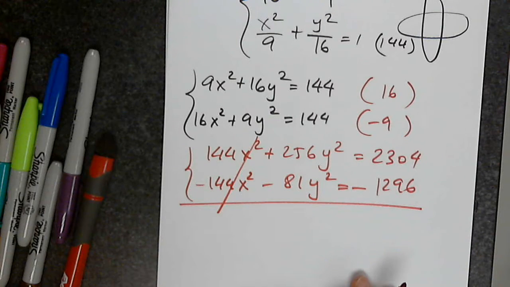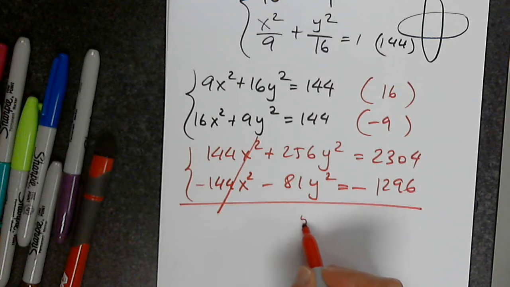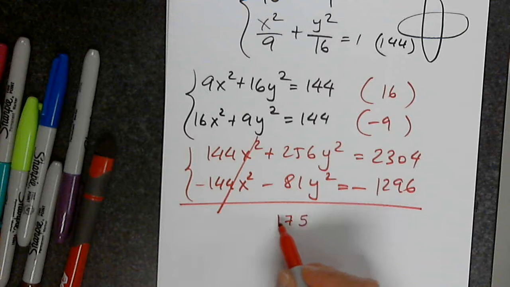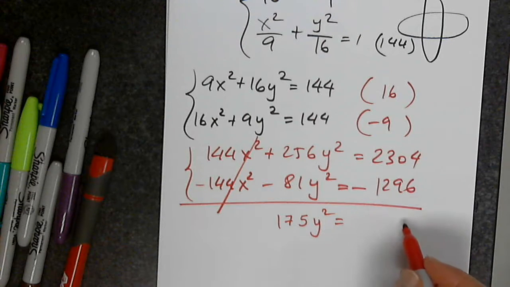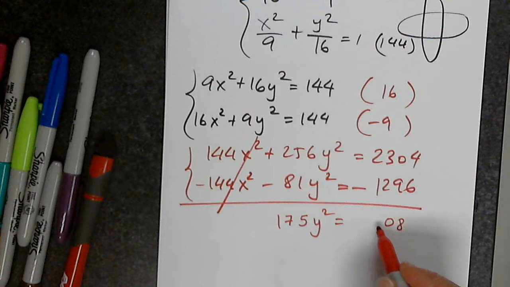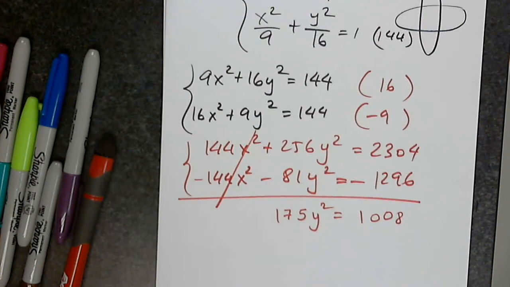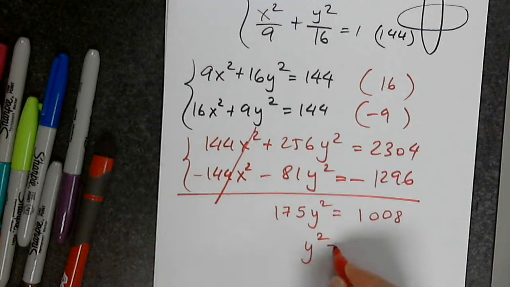So 256 minus 81, 2304 minus 1296. Correct me if I'm wrong, please.